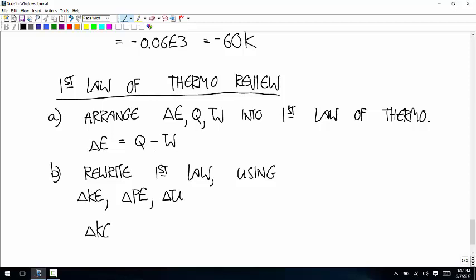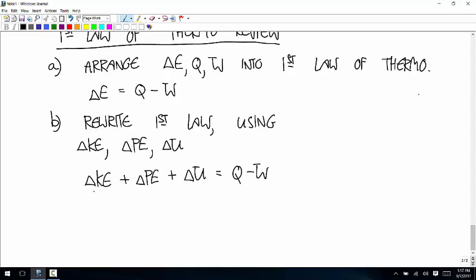You get change in kinetic energy plus change in potential energy plus change in internal energy is equal to Q minus W. And the first two you can rewrite, as long as the potential energy we're dealing with is just gravitational, as 1/2 times the mass of the system times the velocity at the later instant squared minus the velocity at the earlier instant squared, plus mg delta h.